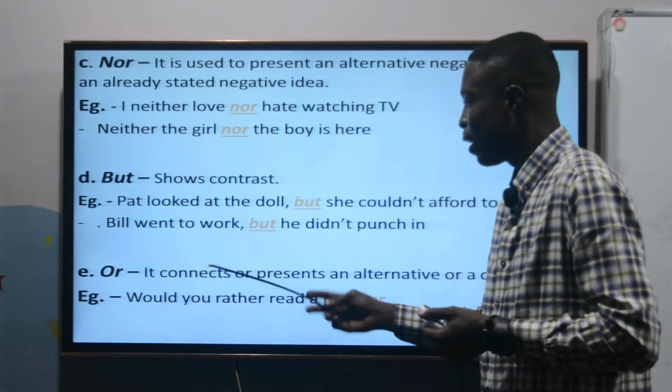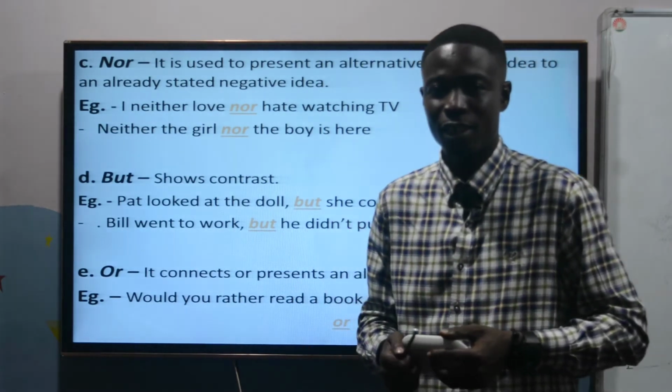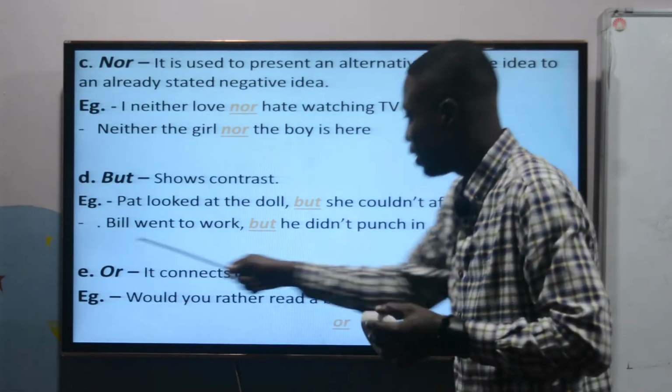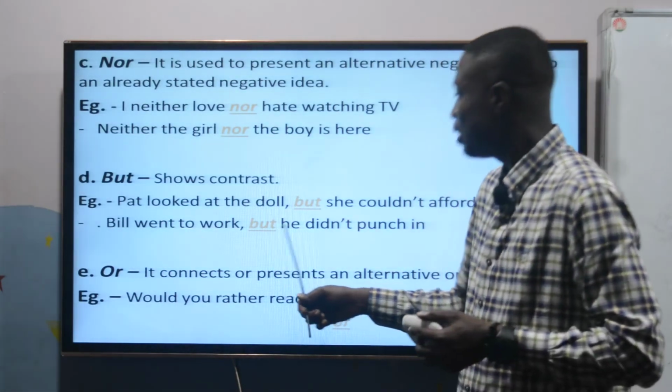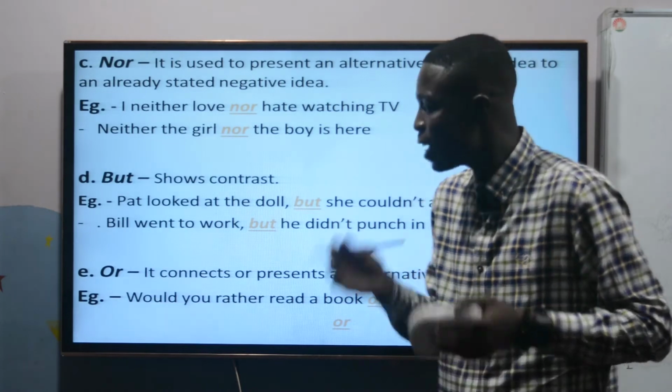Bill went to work. He didn't punch in. It is not logical. It is a contrast. Since he went to work, he should have punched in, but he didn't punch in. So that is the contrast.